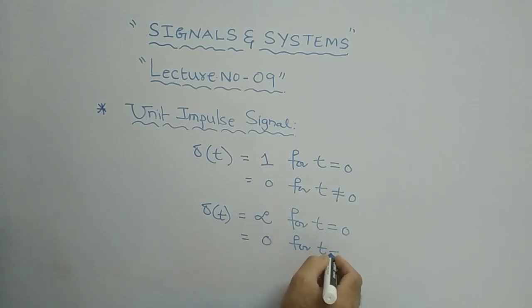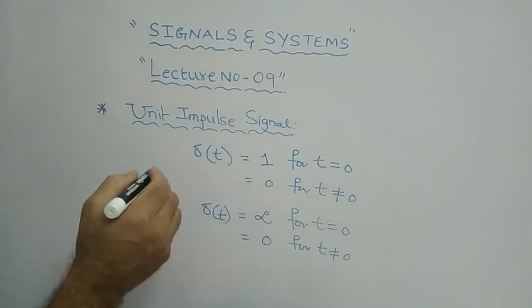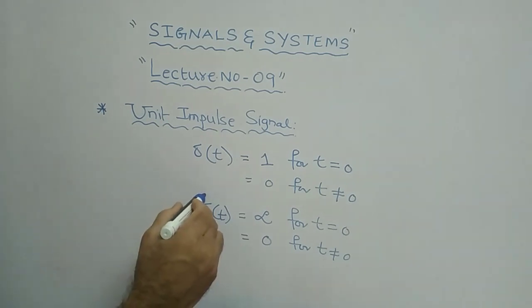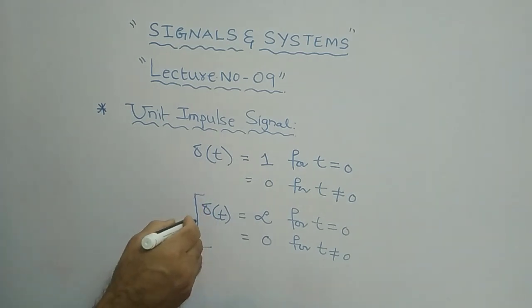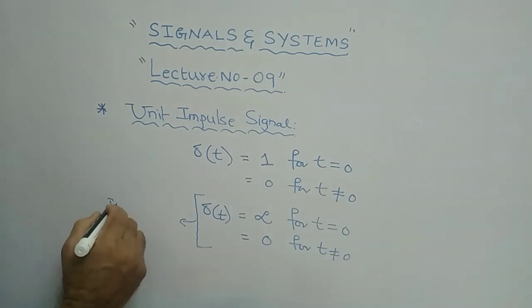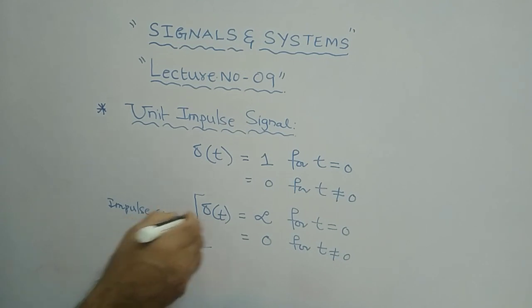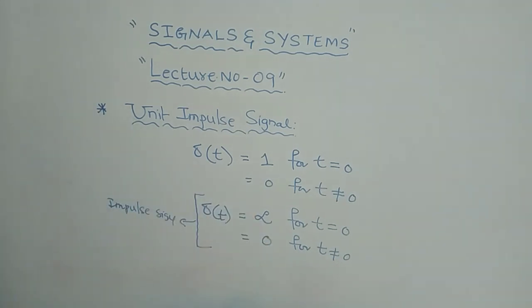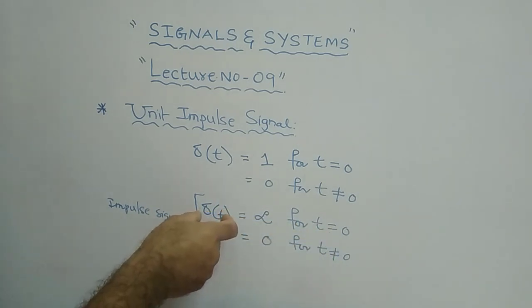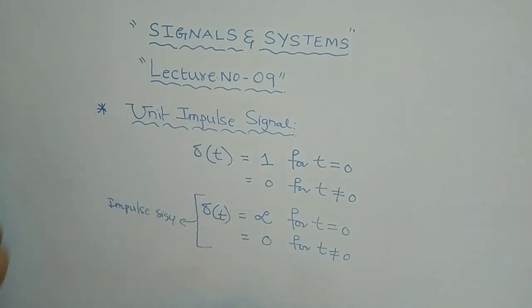This is the exact definition of the impulse signal. At t equal to 0, the magnitude of delta of t goes to infinity, and for all other values of time, delta of t is 0.